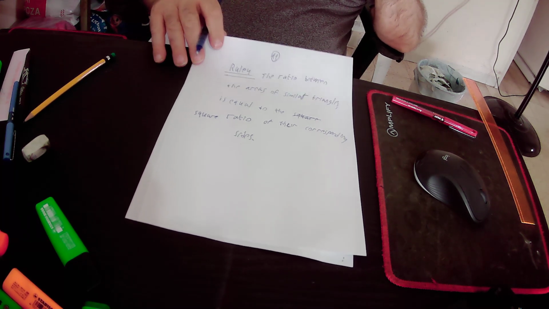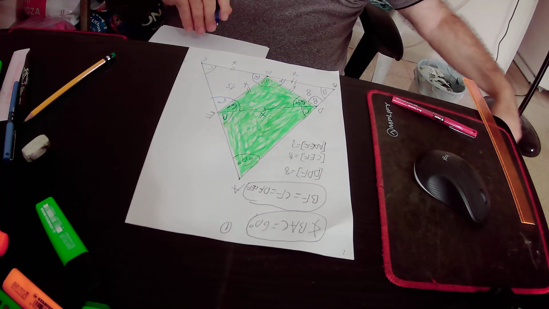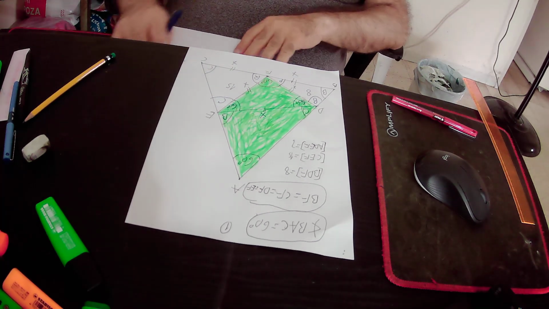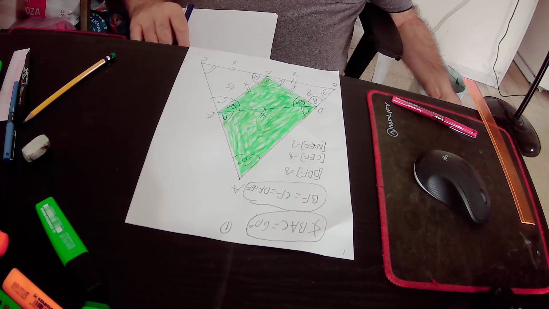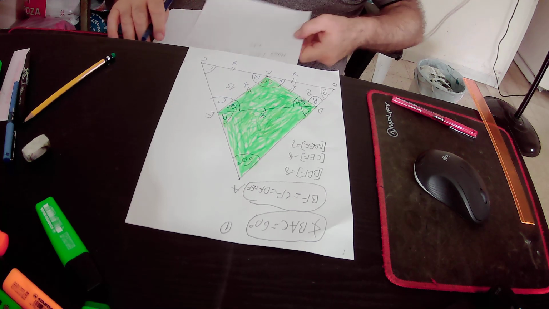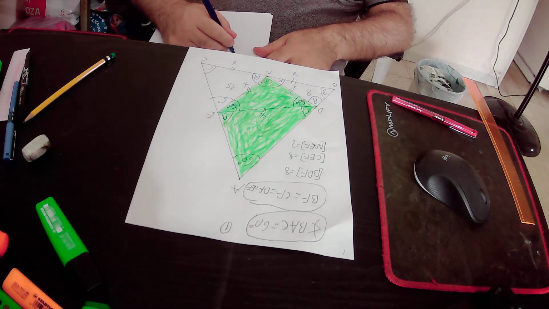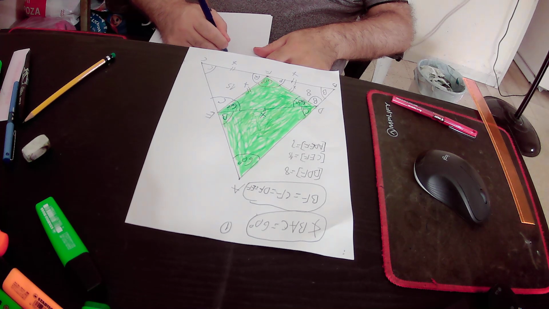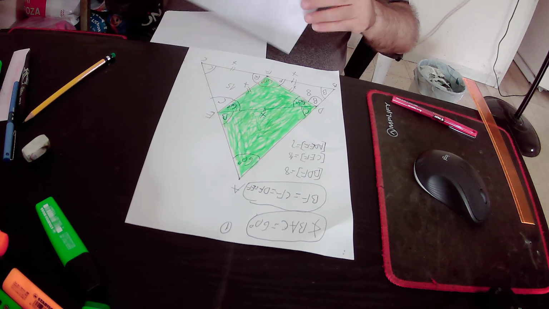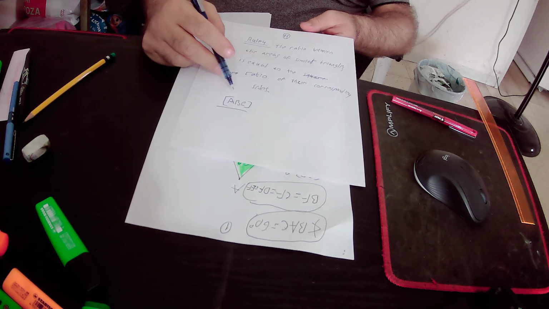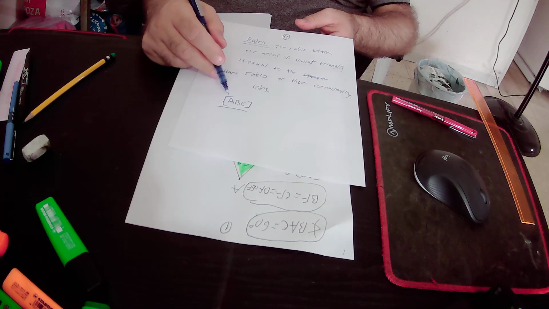So according to rule number 4, the ratio between the area of triangle ABC, actually that is the sign of the area of triangle ABC.